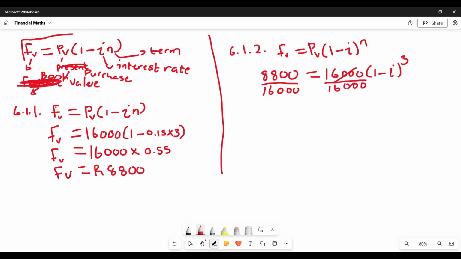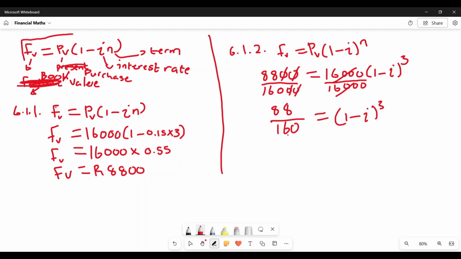So this would give us, let's just do it like this for now. We will have 88 divided by 160. This would be equal to 1 minus i to the power of 3.